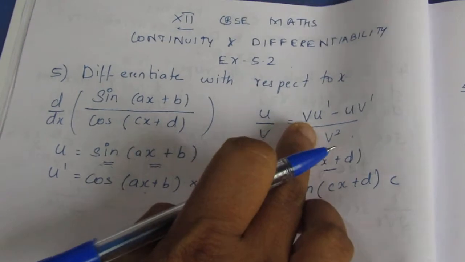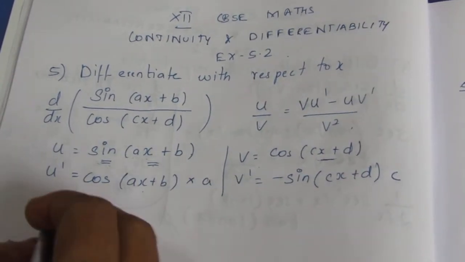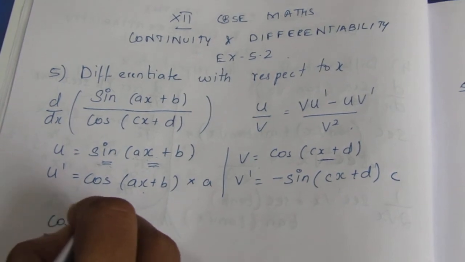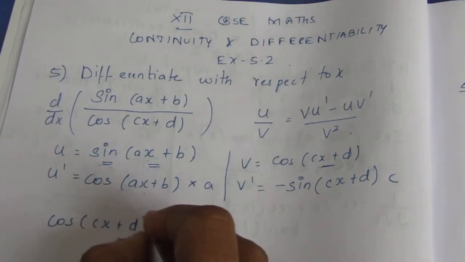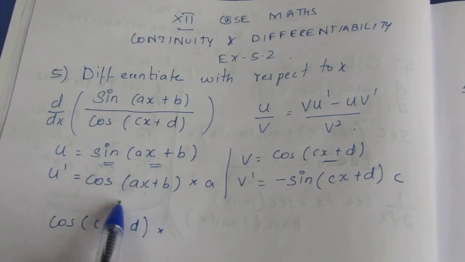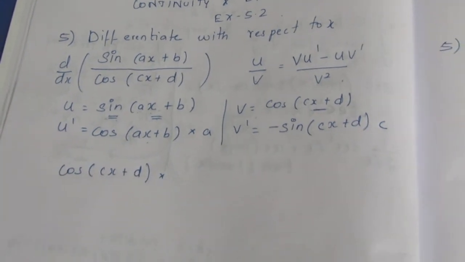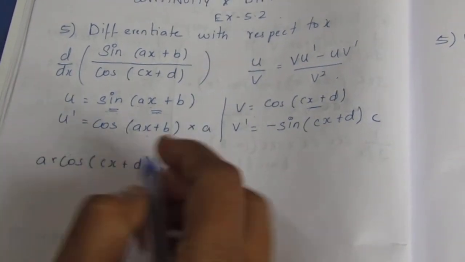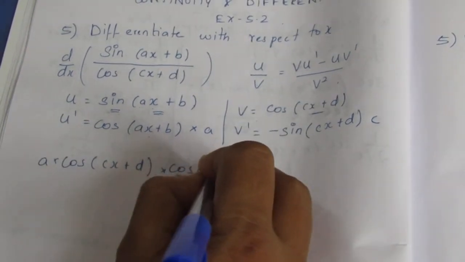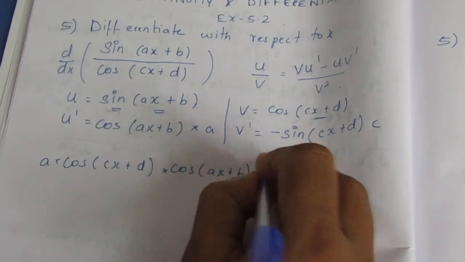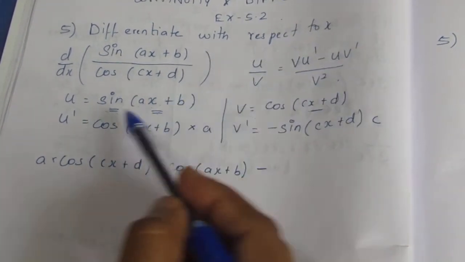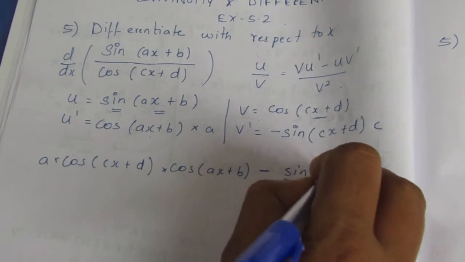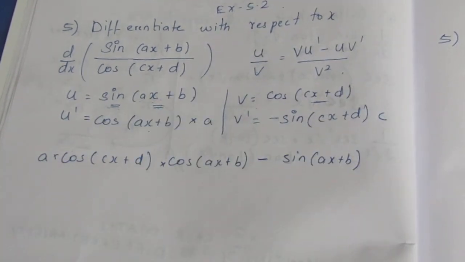We have found everything. Just substitute the values here. Write v first. So the differentiation of this is v, which is cos(cx+d), into the value of u dash, which is a. Let me write the a in the front: a cos(ax+b), minus, again u is sin(ax+b) into v dash.